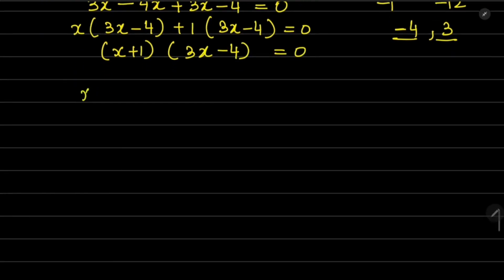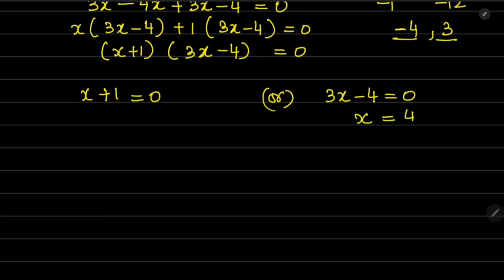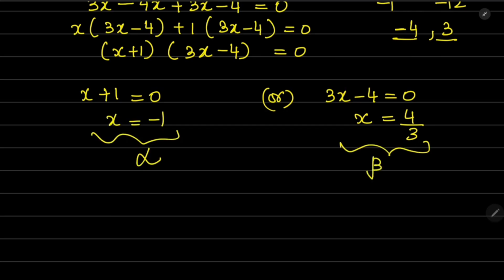So either x plus 1 equal to 0 or 3x minus 4 equal to 0. Here you have x equal to 4 by 3 and here x equal to minus 1. Let this be our alpha and the other one be your beta. So what are these? These are the zeros of the polynomial.